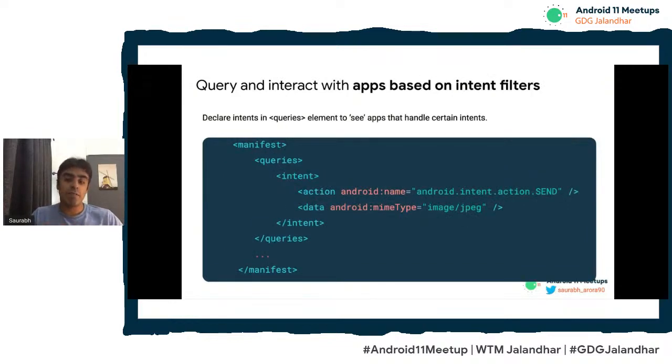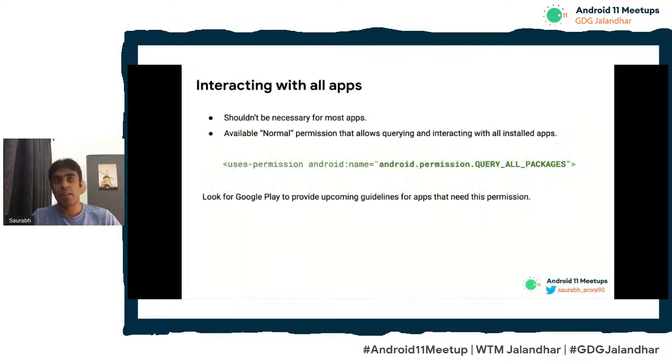If you want a list of apps that share a certain kind of metadata, like in this case where you need to know apps which are able to get access to JPEG images, you can also specify intent filters inside your queries attribute saying, hey, my app needs to know any app in the system that is able to handle the intent for image JPEG. So these kinds of exceptions are still there inside package visibility. It inherently needs to be extremely explicit instead of just saying, give me everything, right?